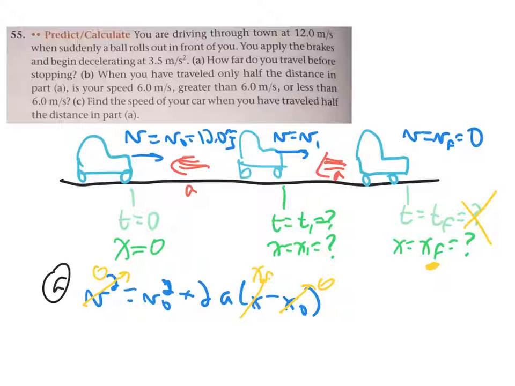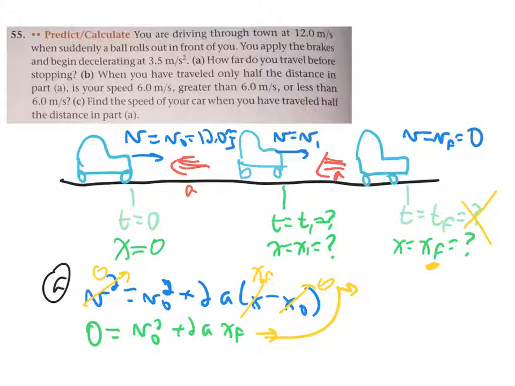So we're taking our particular moment. The thing in blue is true at all moments, and the things in yellow are the values at our particular moment, and so we end up with 0 equals the initial velocity squared plus 2 times the acceleration times the final position, which can be solved for the final position. Let's clear ourselves some room.